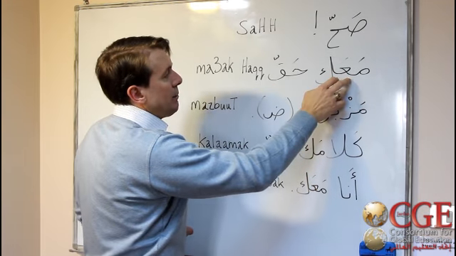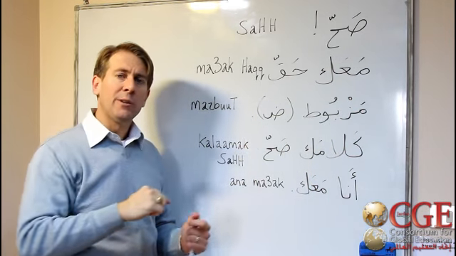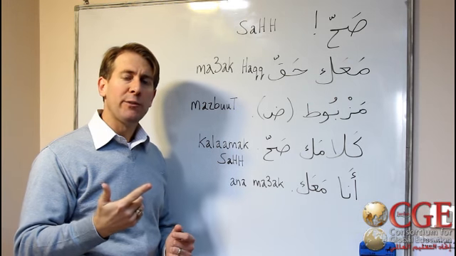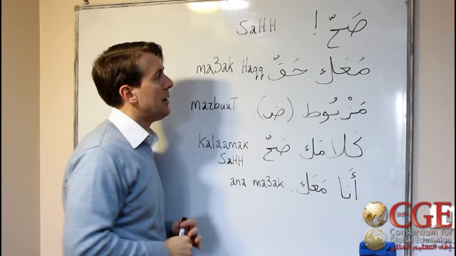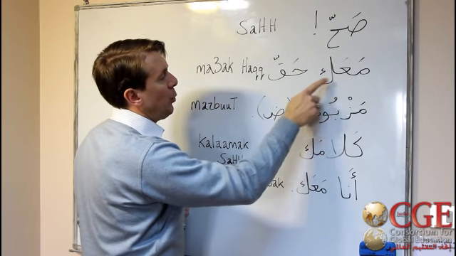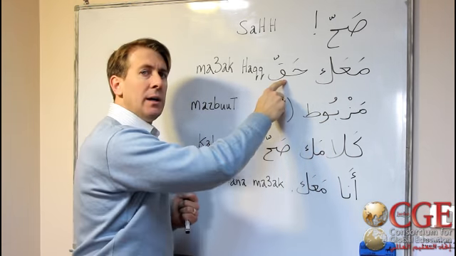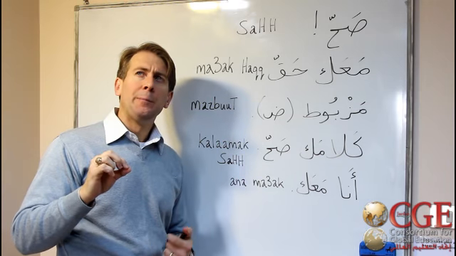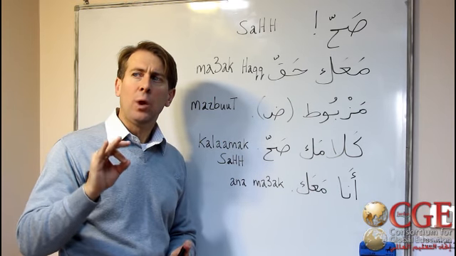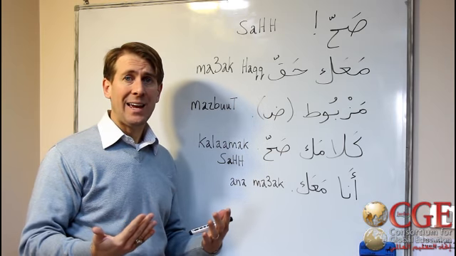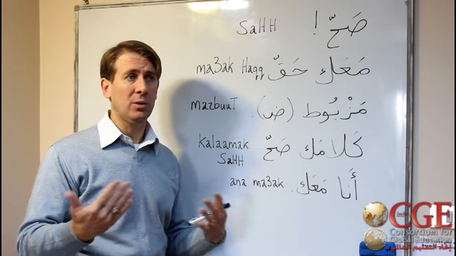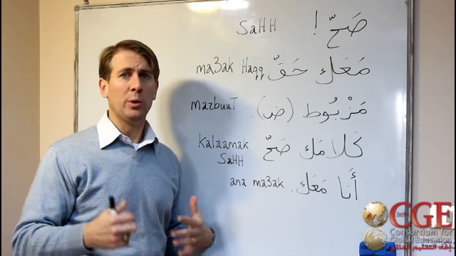Ma'ak literally means with you. If it's a guy, you say ma'ak. If it's a girl, you would say ma'ak. Haq would be a right, kind of like rights, hukuk al-insan, the rights of a human, or human rights.